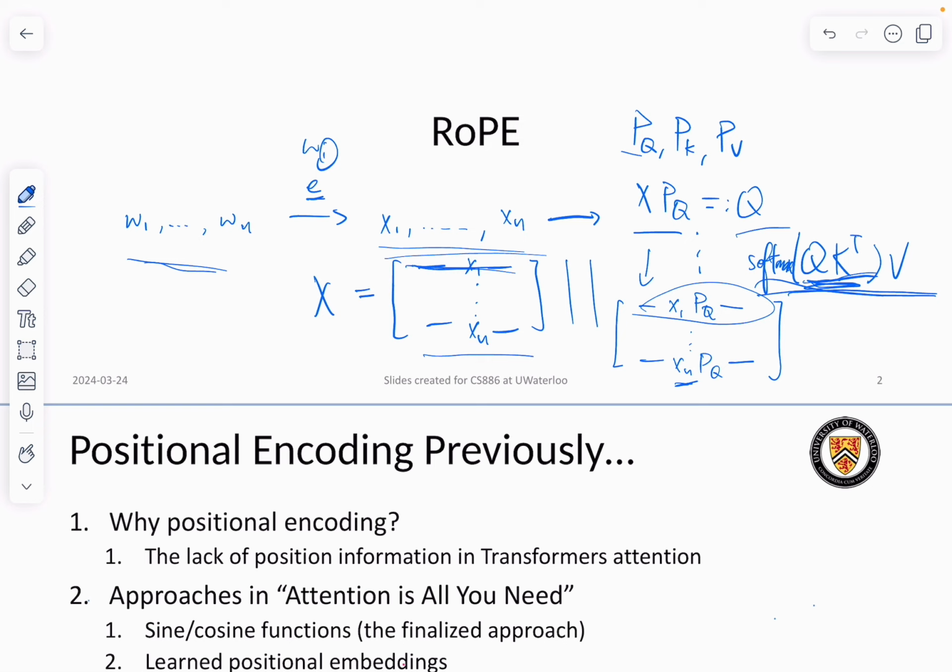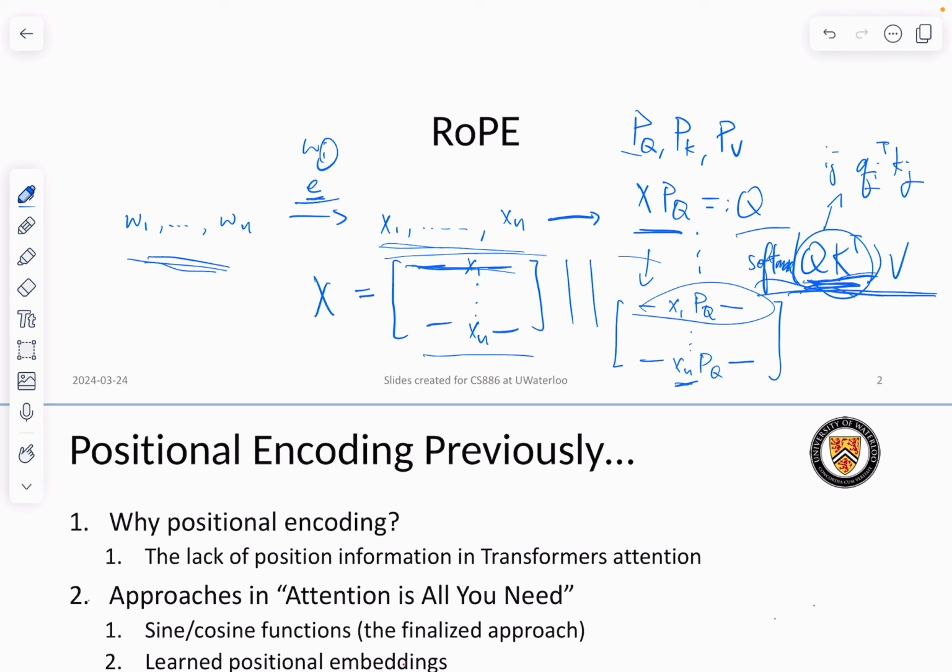Consider the following setup. We have w_i, which goes through an encoding and becomes x, and then it goes through these projection matrices and becomes q, k, and v. What we can do is say that for q and k, the ij-th entry of this matrix is q_i^T k_j.